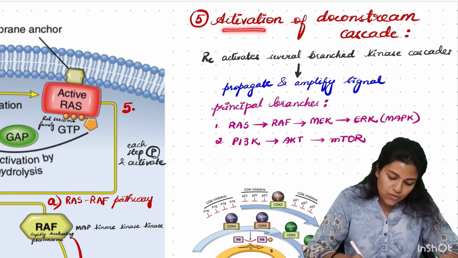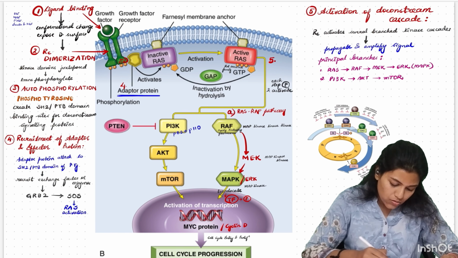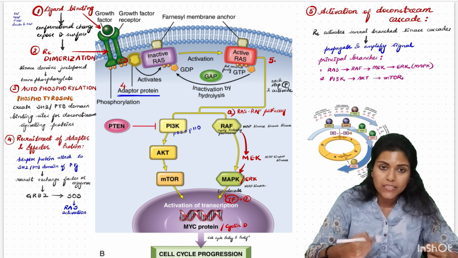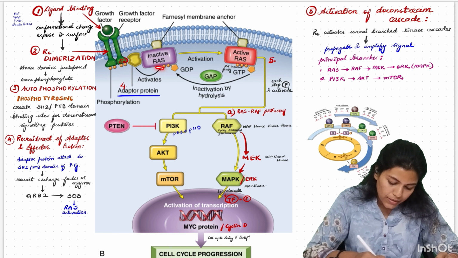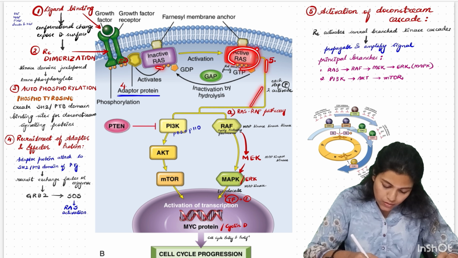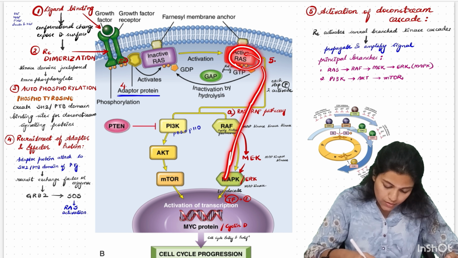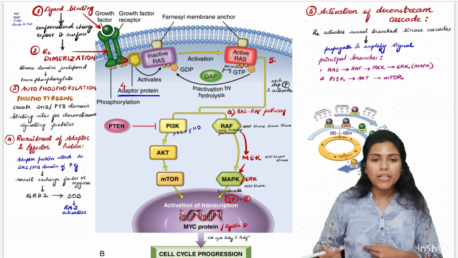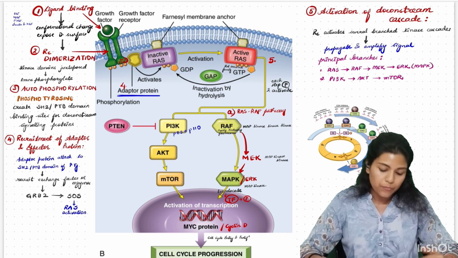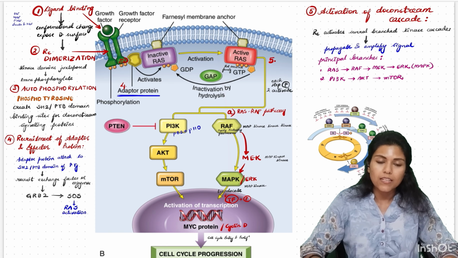Lastly, there is activation of the downstream cascade. Because of this activated receptor, it will in turn activate others downstream, like RAS, from the membrane towards the interior of the cell. That is a downstream cascade, a chain of reactions from the membrane towards the interior of the cell.